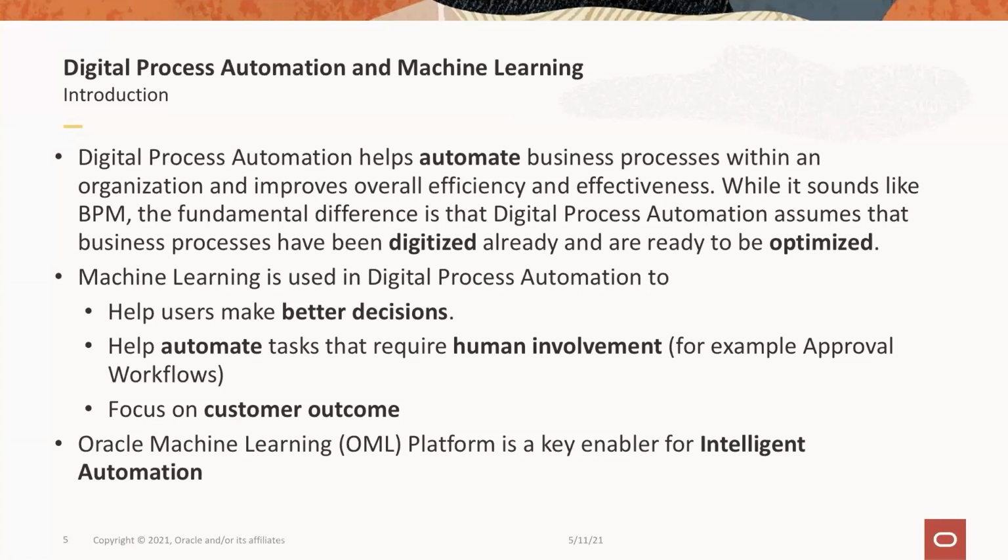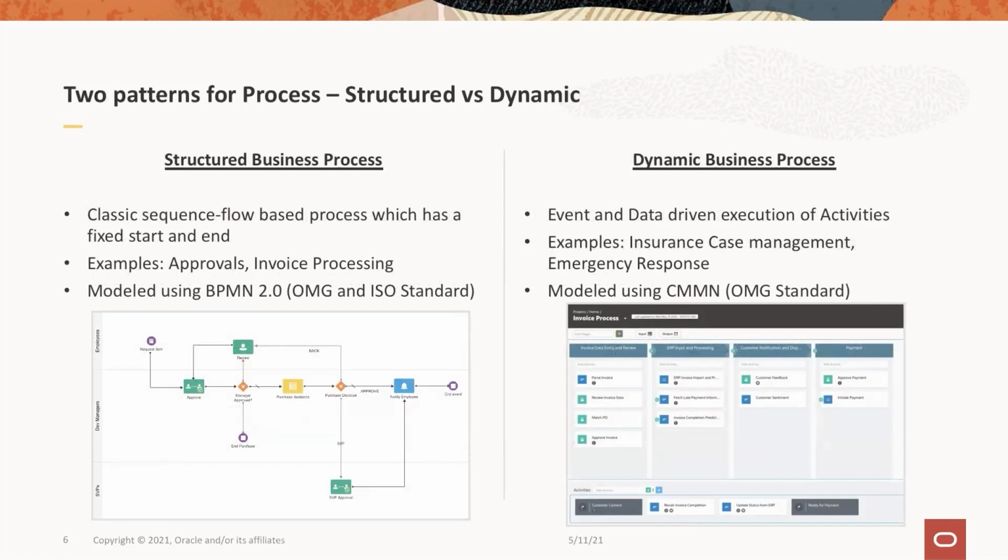And then certainly focus on customer outcome. And what does that mean? For example, we can use machine learning to predict SLA violations in the process and things like that. So there's really a broad spectrum of use cases where machine learning can be used in process automation. And Oracle Machine Learning gives us a platform and is a key enabler for intelligent automation. And I will come to some of the use cases in a second.